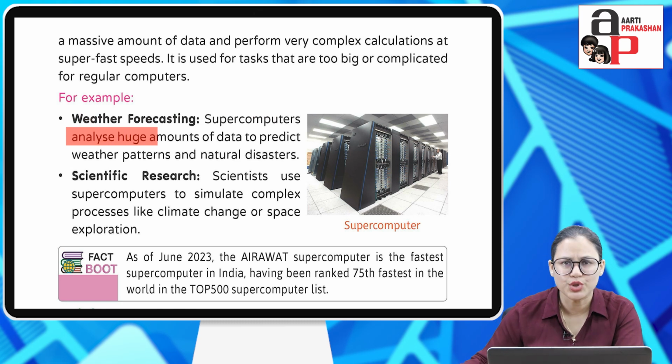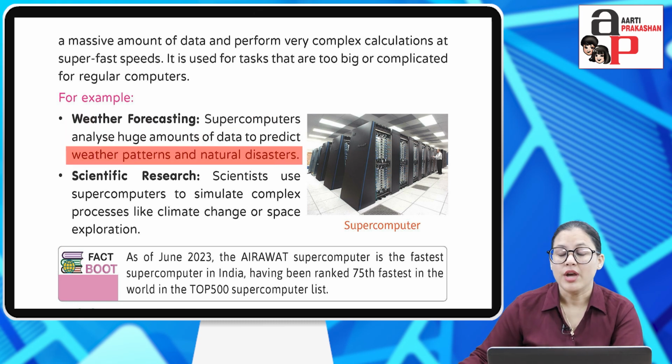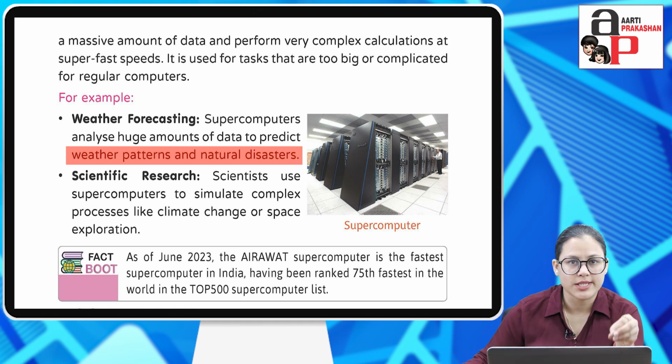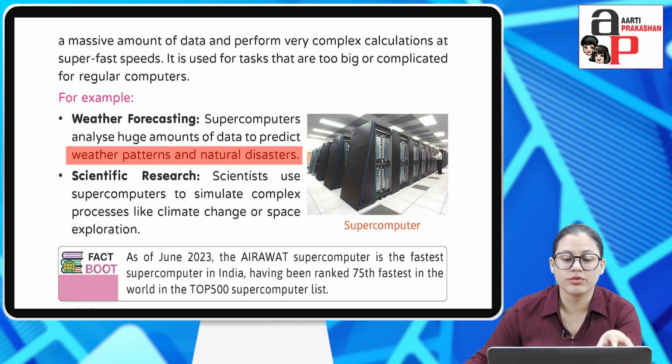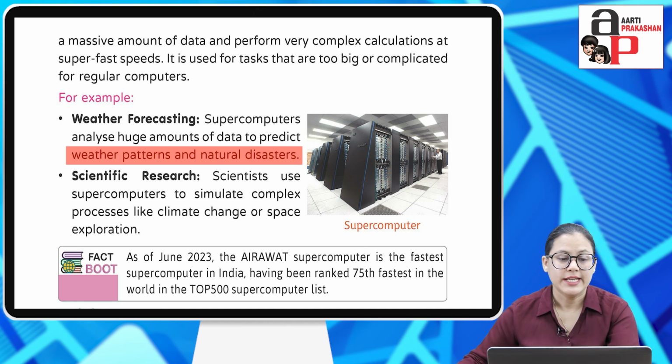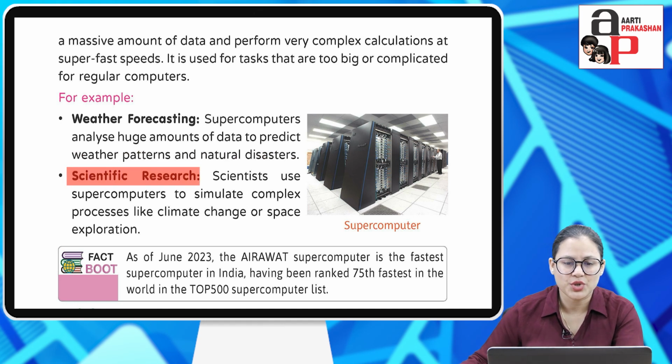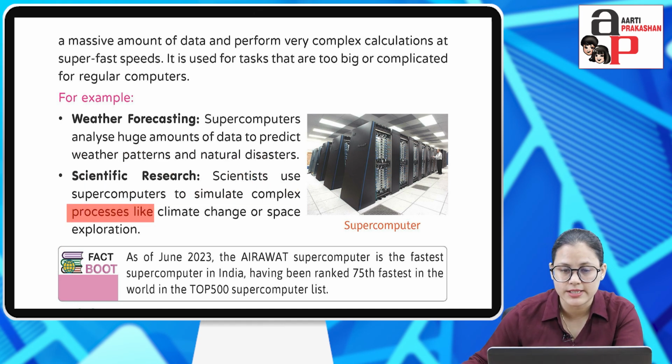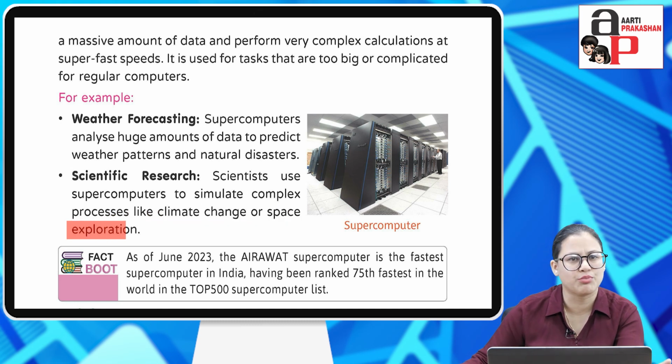For example, weather forecasting. Supercomputers analyze huge amounts of data to predict weather patterns and natural disasters. Next is scientific research. Scientists use supercomputers to simulate complex processes like climate change or space exploration.